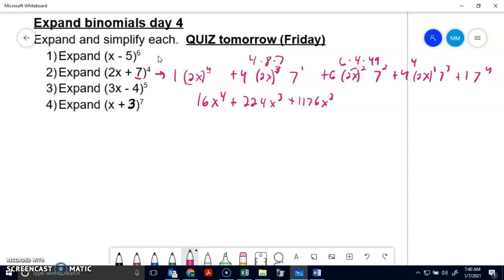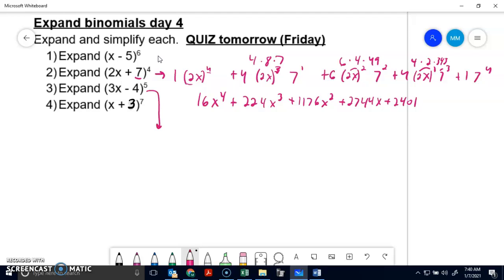And then here I'll have 4, 2 to the 1st is 2, 7 to the 3rd power is 343. Should be recognizing that number from those lists we learned back in Thanksgiving. Hopefully. But anyways, that gives me 2,744 x. And then lastly, 7 to the 4th power, and that's 2,401.